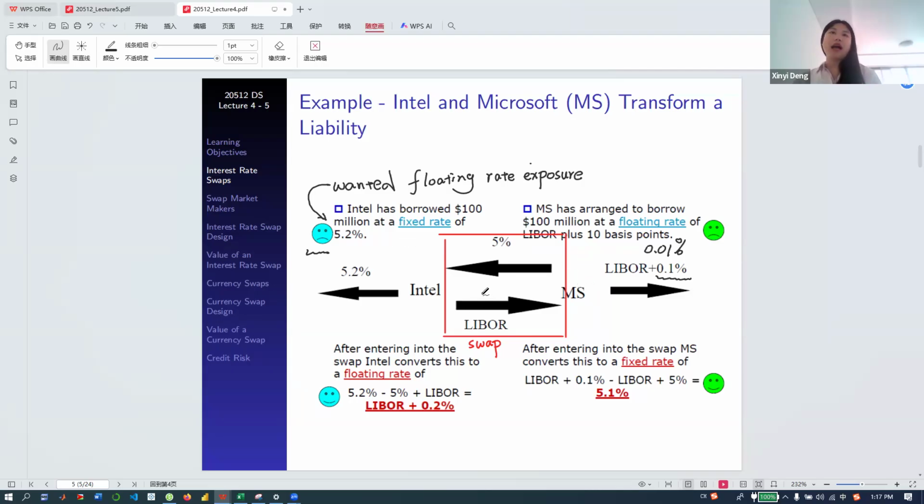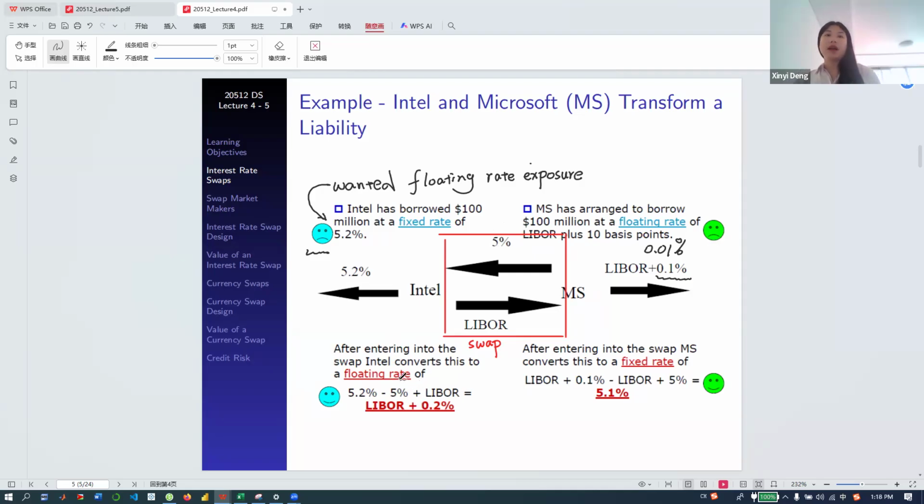So after entering into this swap, Intel will be converting its interest rate exposure to a floating rate. We can see that it's paying out 5.2% here because of its actual loan. And then since Intel is receiving 5% from the swap, here we are minusing that 5%.